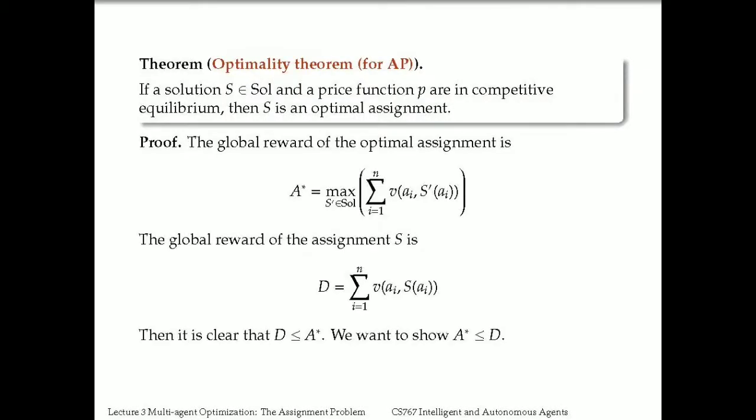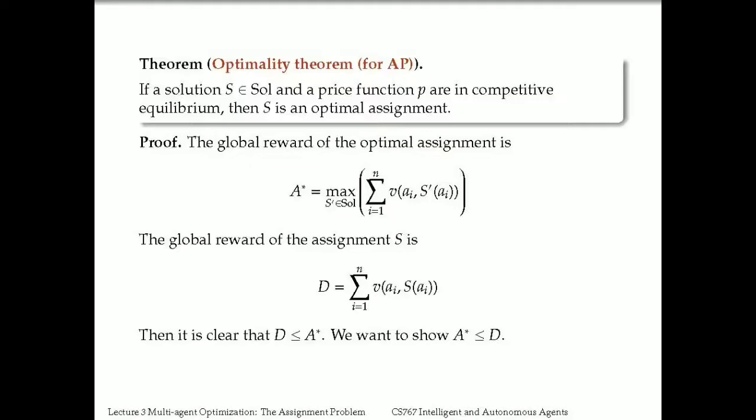How do you prove this fact? It can be done using a number of steps that are quite intuitive. You just need to connect them together. The global reward of the optimal assignment can be expressed by this A star and the equation which I gave on the slide.